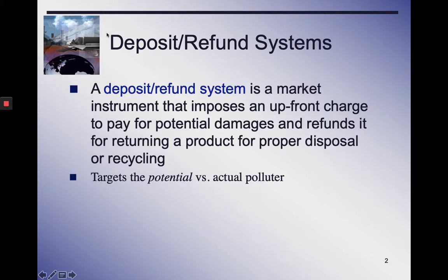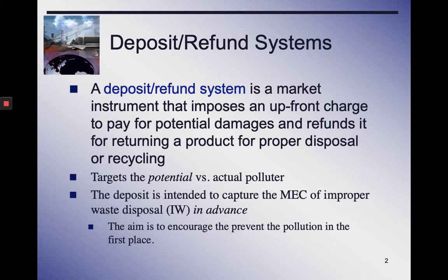The deposit refund system is slightly different and is actually quite desirable because it targets potential polluter rather than actual polluter. The pollution has not occurred yet. So the deposit is intended to capture the marginal external cost of improper waste disposal in advance.